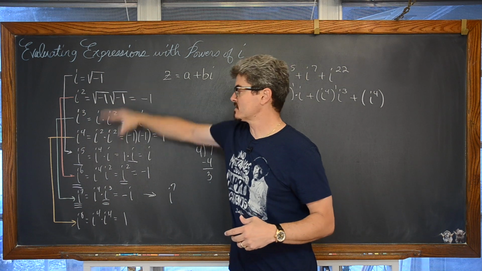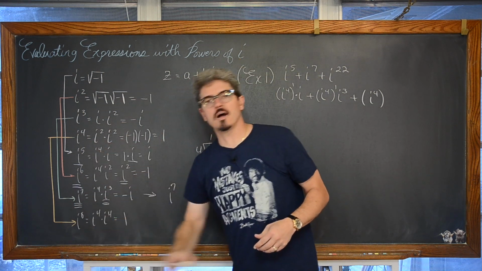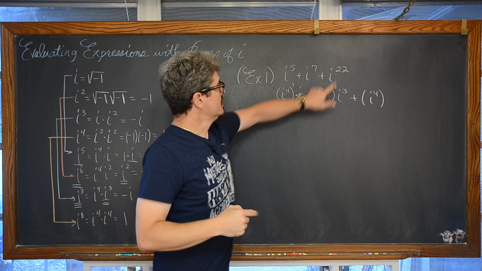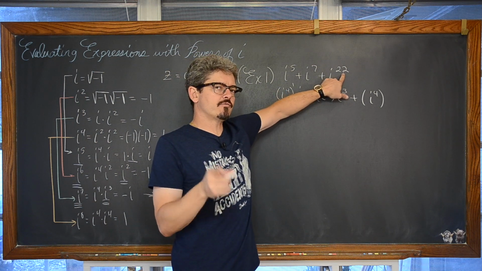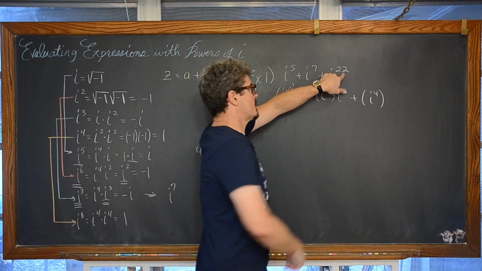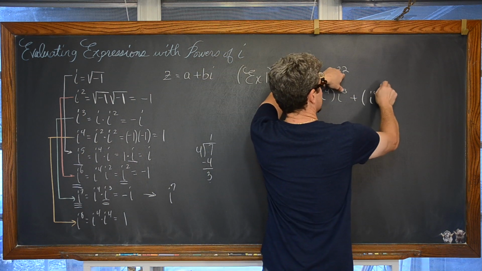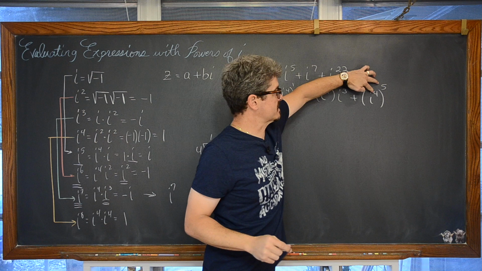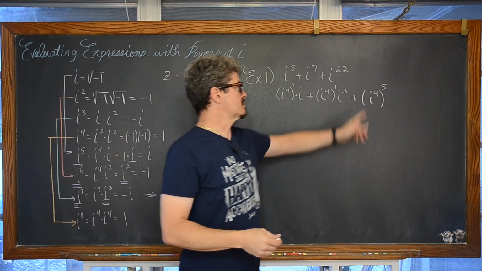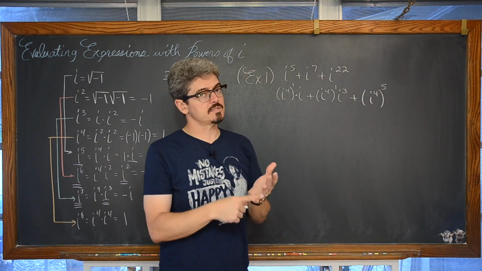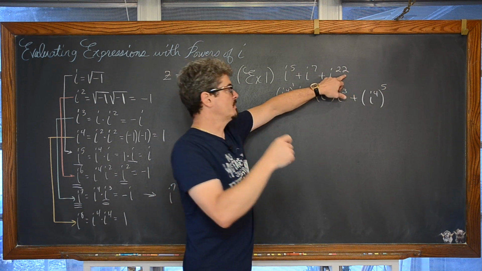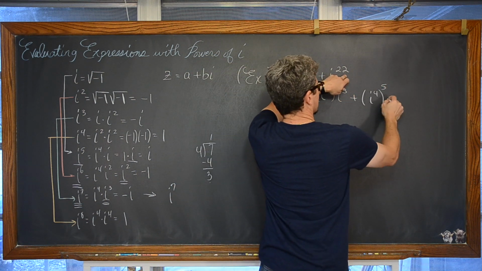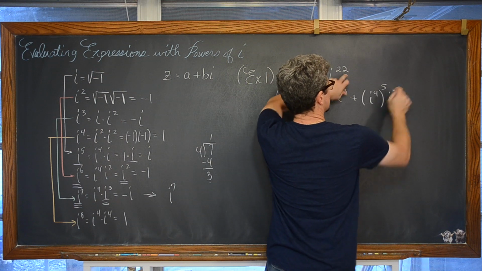How many cycles of 4 do we have in whatever high power we have going on here? So with our 22, well, 22 divided by 4 is equal to 5. So I can say that we have i to the 4th raised to the 5th power, because of course when you have stacked exponents, you can multiply those, and this is equivalent to i to the 20th power. But then we have that remainder of 2. So now we have i to the 20th power times i squared.